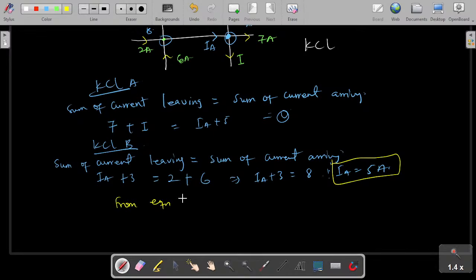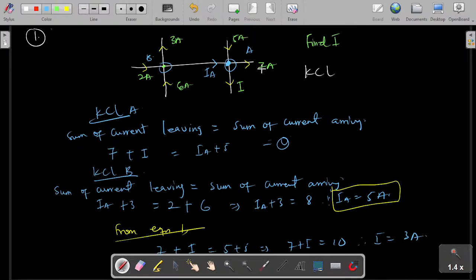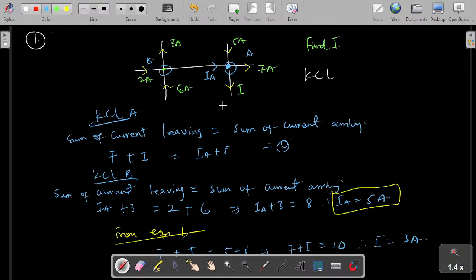From equation 1, we can say that 7 plus I is equal to IA, which is now 5 plus 5, right? So I'll say that 7 plus I is equal to 10. Therefore, I is equal to 10 minus 7, which is 3 amps. Therefore, the value of I from this network is 3.